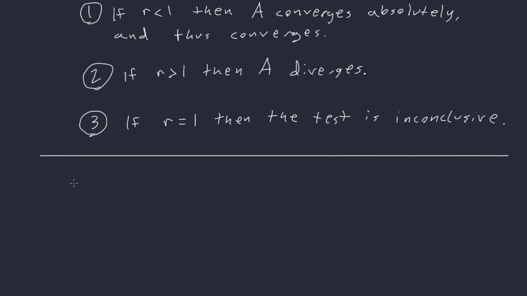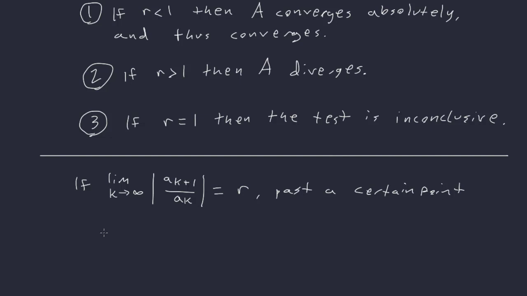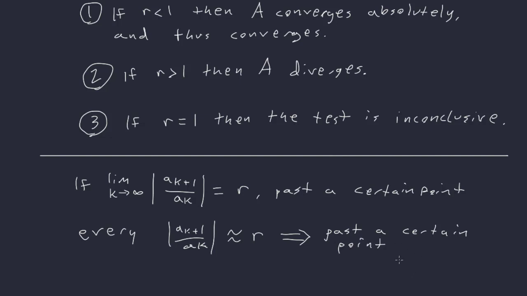So if the limit as k goes to infinity of the absolute value of a_(k+1) over a_k equals R, then that means past a certain point, every |a_(k+1)| over |a_k| is approximately equal to R. So past a certain point, it might be the 100th term, it might be the 10th term, it might be the millionth term, that doesn't really matter.